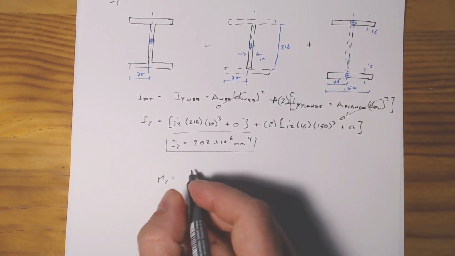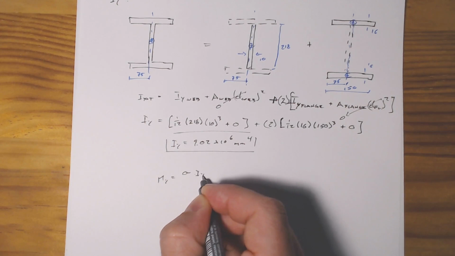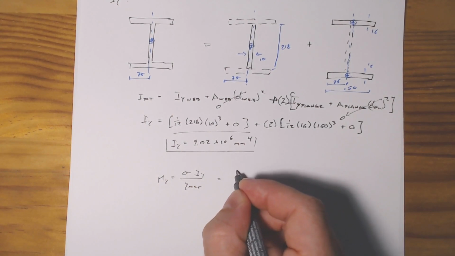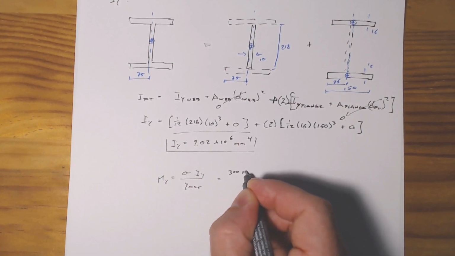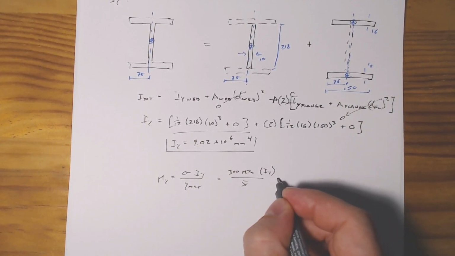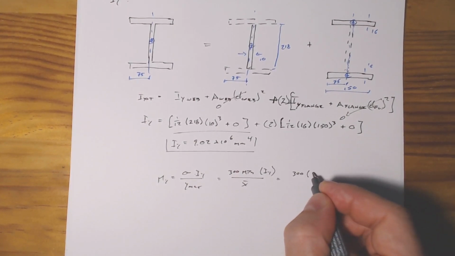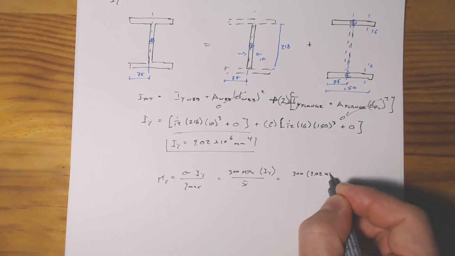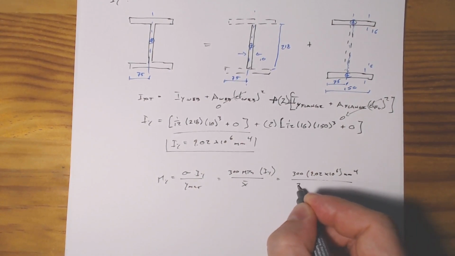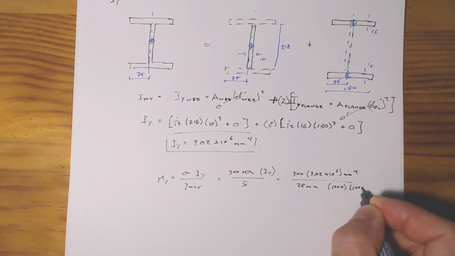So My equals stress times Iy over y max, equals 300 MPa times Iy over x bar, equals 300 times 9.02 times 10 to the 6th millimeters to the 4th over 75 millimeters, divided by 1,000, divided by 1,000.